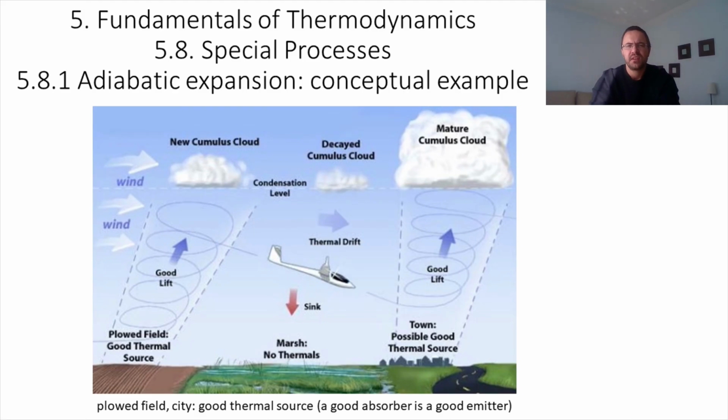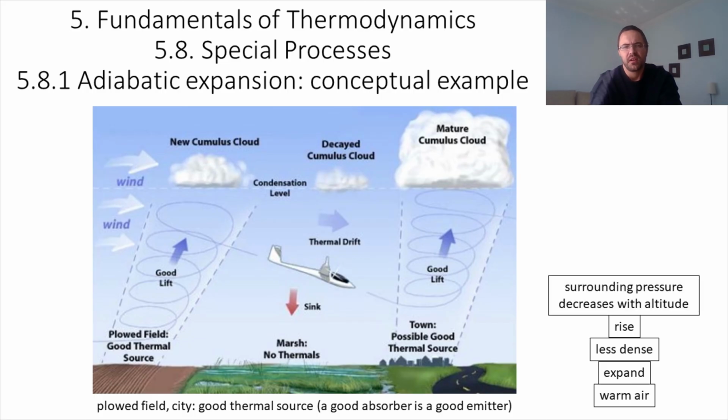Another indication is if there is a cloud above this area. This is a good indication that there might be a thermal. The reason is because of the radiation, the air above the dark area is warm. If the air is warm, it expands. If it expands, it becomes less dense, and so it will rise up.